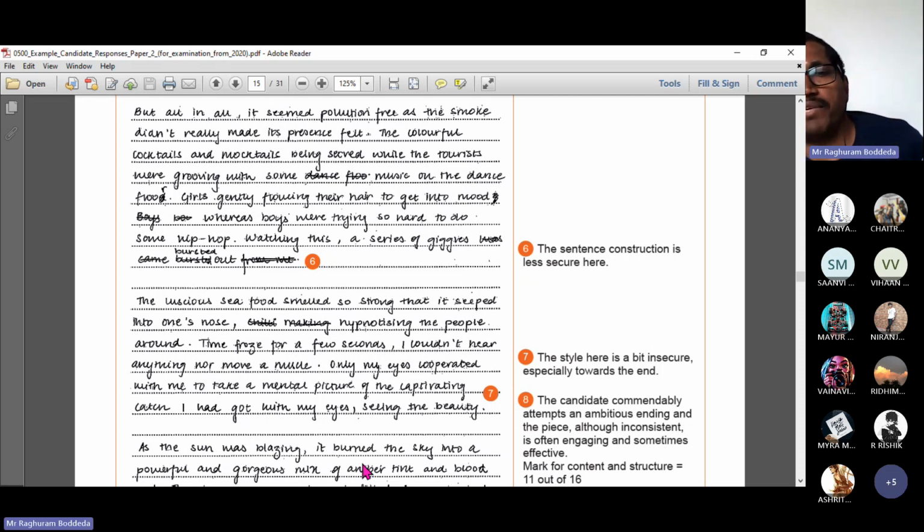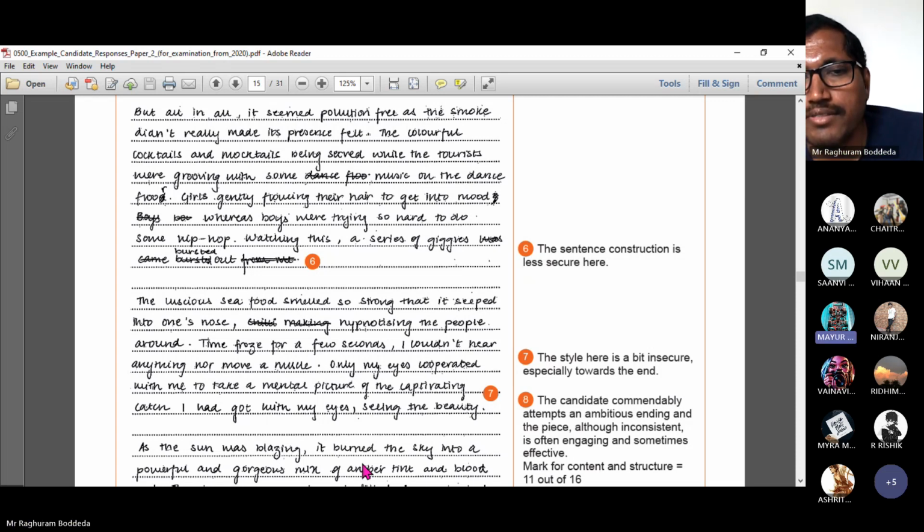Now you tell me, what are the additional details in the previous paragraph? How did the paragraph develop? Sir, it suddenly changed from the atmosphere to what's happening.